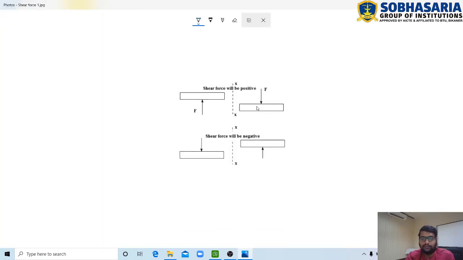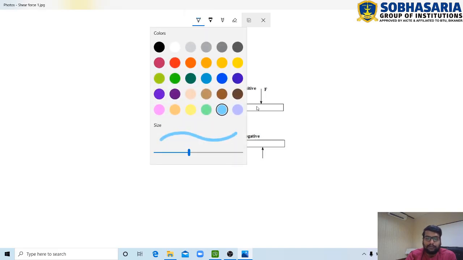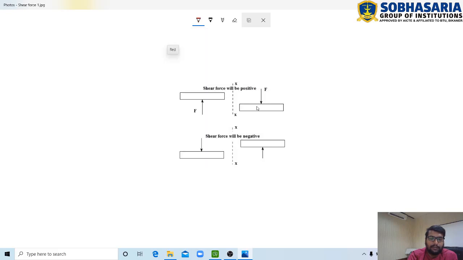So this is shear force. In shear force, you have to know when there will be a positive shear force and when we have to take a negative shear force.